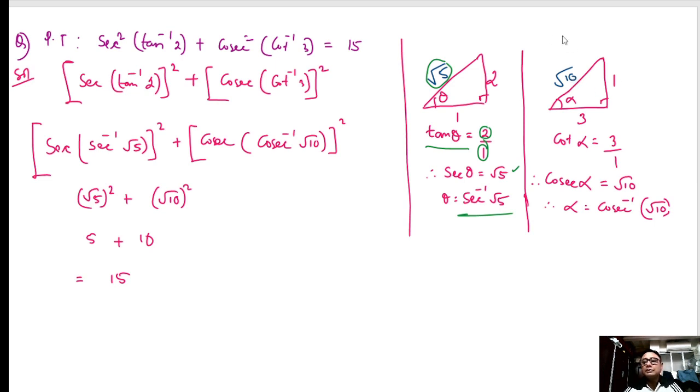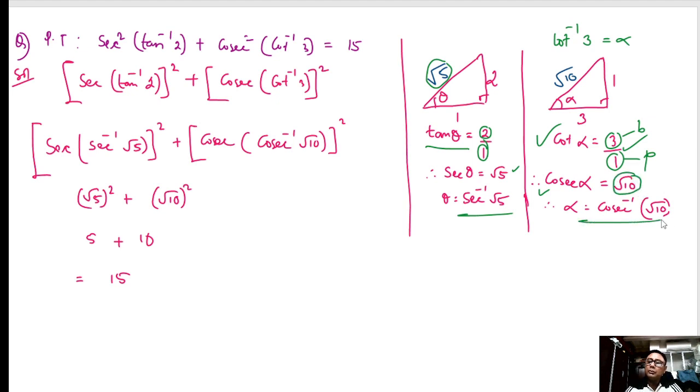Similarly, cot inverse 3 I have taken as alpha. So cot alpha is 3 by 1. Cot alpha is base by perpendicular. This is my base, this is my perpendicular, so I can find the hypotenuse. So cosec alpha will be hypotenuse by perpendicular, so root 10.